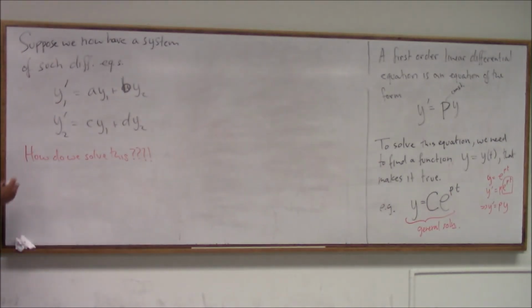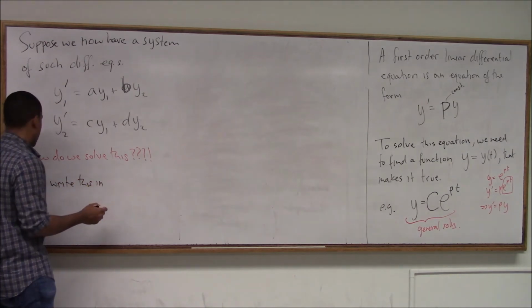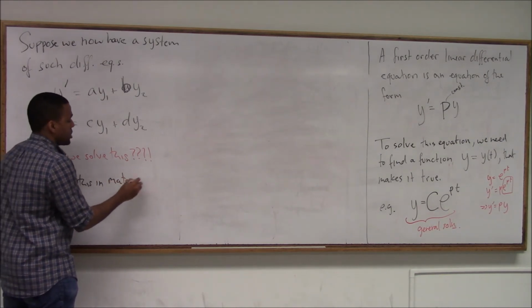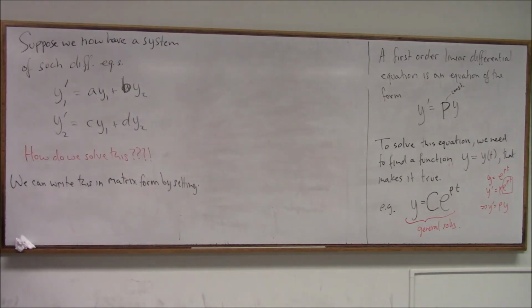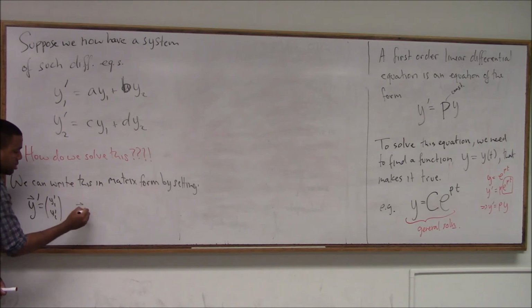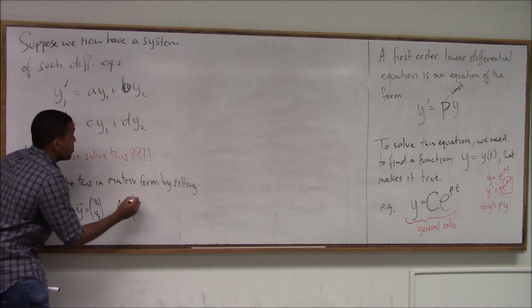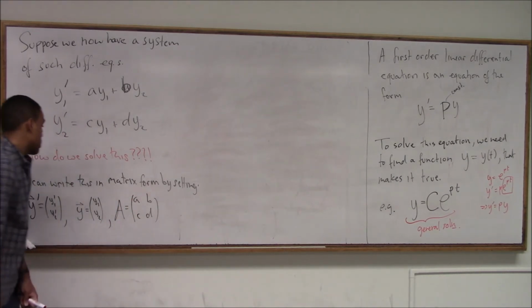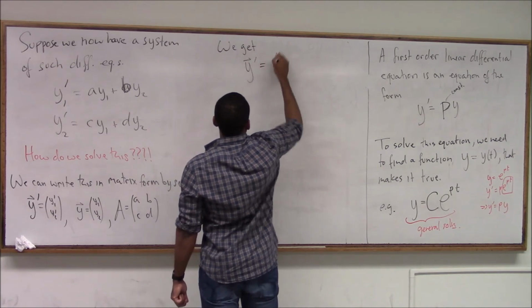So notice that we can write this in matrix form by saying, if I set y prime vector to be y1 prime, y2 prime, the y vector to just be y1, y2, and then take A to be the coefficient matrix, we get this sort of equation: Y prime is equal to A times Y.